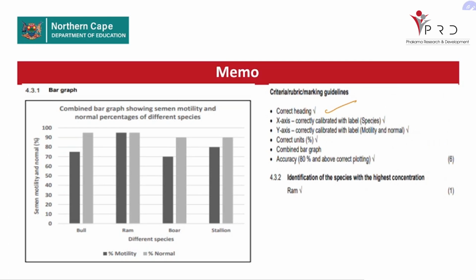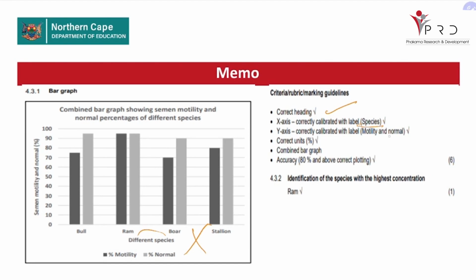On the X-axis, you are expected to mention the different species. On the Y-axis, you are expected to label and calibrate the motility and normal percentages. That unit is important, hence you are going to be credited 1 mark for that unit.